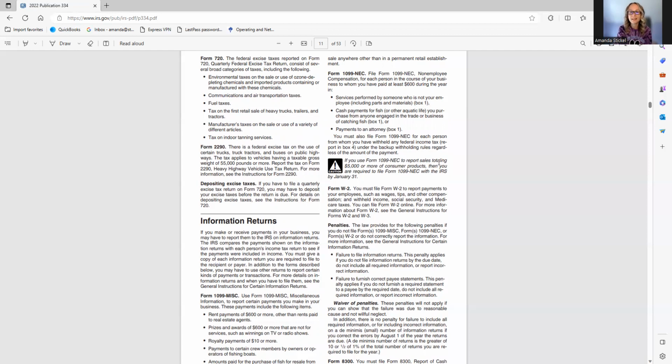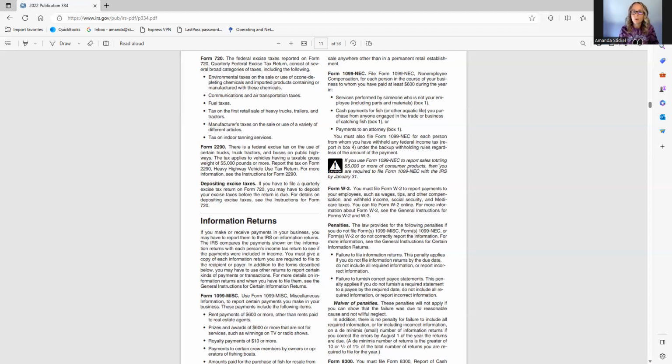Form 1099-NEC. File Form 1099-NEC, Nonemployee Compensation, for each person in the course of your business to whom you have paid at least $600 during the year in services performed by someone who is not your employee, including parts and materials, Box 1. Cash payments for fish or other aquatic life you purchase from anyone engaged in the trade or business of catching fish, Box 1. Or payments to an attorney, Box 1.